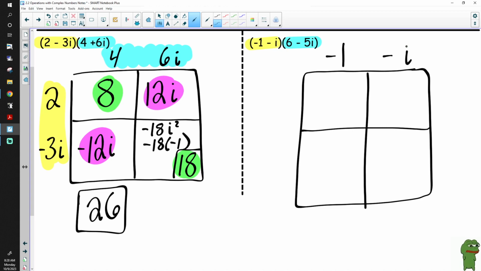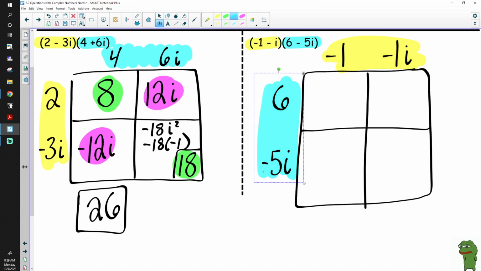What number is in front of this i? If you like to put your 1, you can put your negative 1i. On the left side, I'll put my other complex number 6, and my second term, negative 5i. Again, as long as you keep the correct complex numbers together, it doesn't matter if you put on the top first or the side first, you get the same answer. Because the order of multiplication does not matter in mathematics.